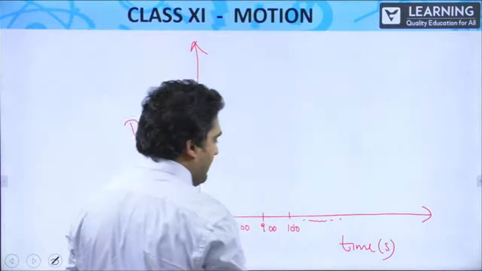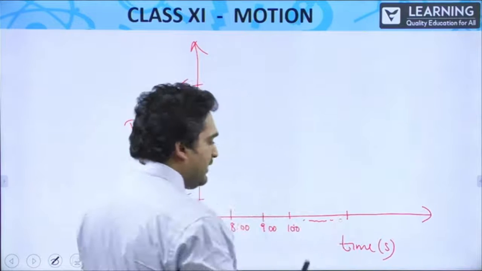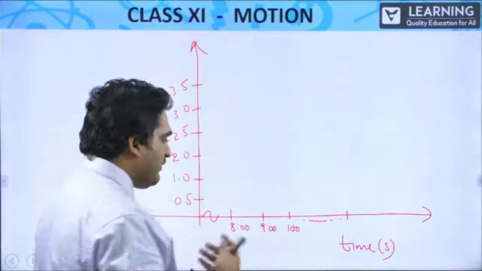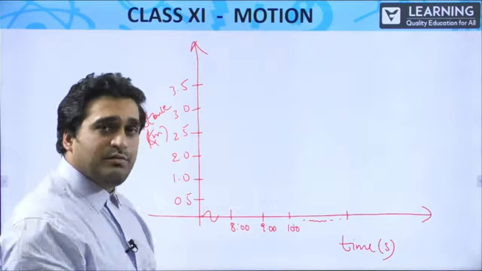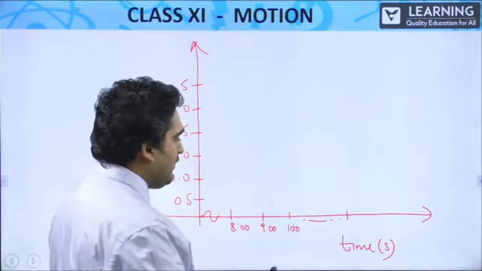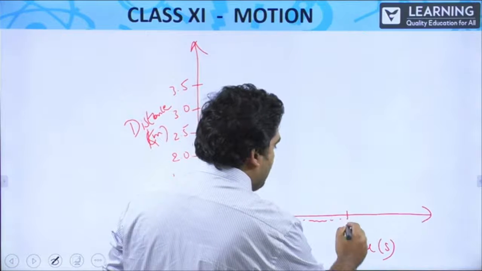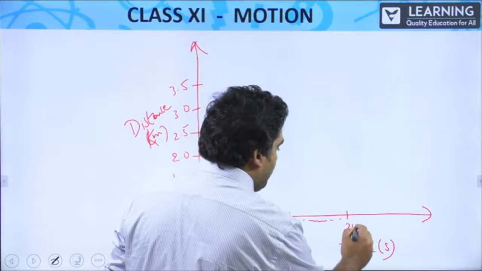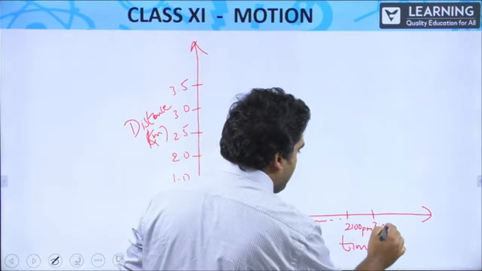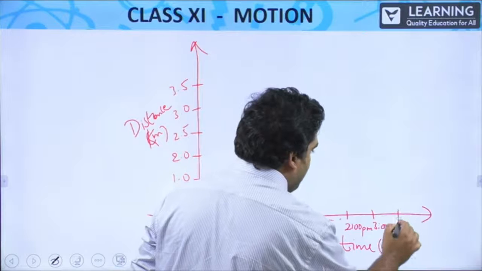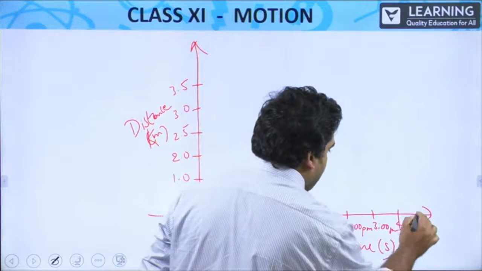Go on, continue writing 13, 14, 15 to represent the afternoon time, or you can also mention it by PM. So we start with 2 p.m. Go ahead and write 2 p.m., 3 p.m., 4 p.m., and 5 p.m.